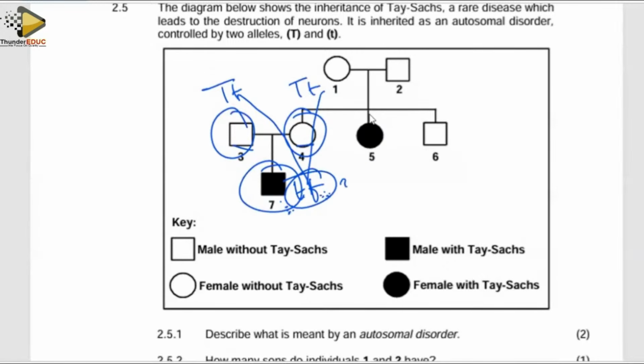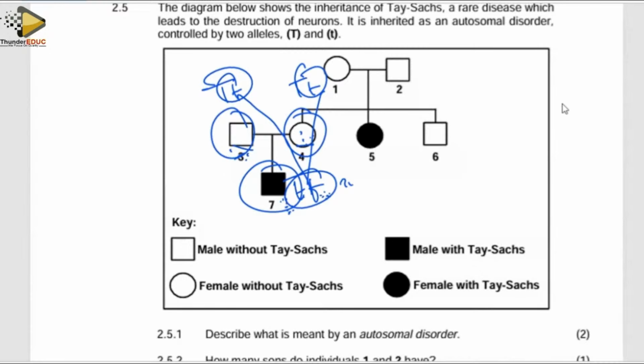So in this case, we see that individuals 3 and 4 are both without the disorder. Since they don't have the disorder, it means that these 2 individuals who don't have the disorder produce a kid who has the disorder.